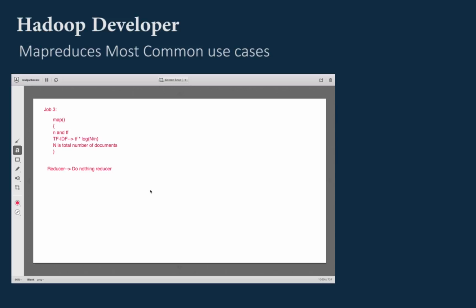total number of documents. So what we've seen is we will require 3 jobs. In first we calculate tf, which is word count. In second we calculate small n, and then third we just multiply the whole thing. So tfidf can be achieved in 3 MapReduce jobs.